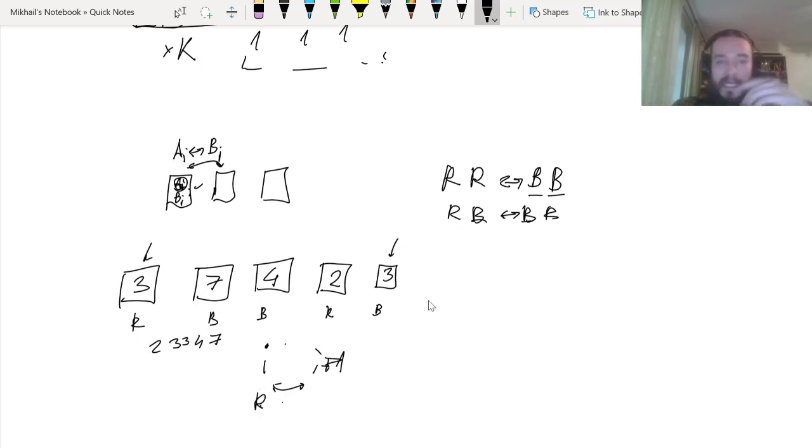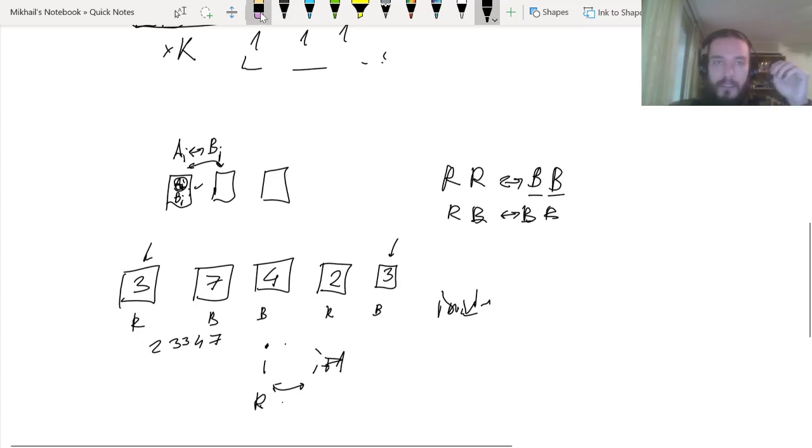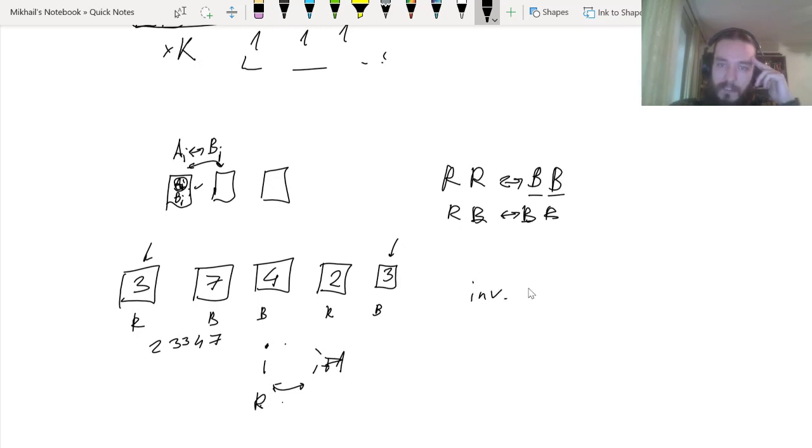We can look at the number of inversions for I, which is the number of other cards J so that I and J are not in the same order as originally.